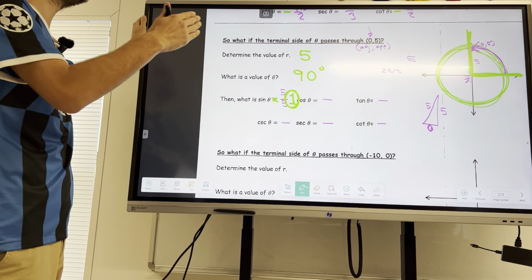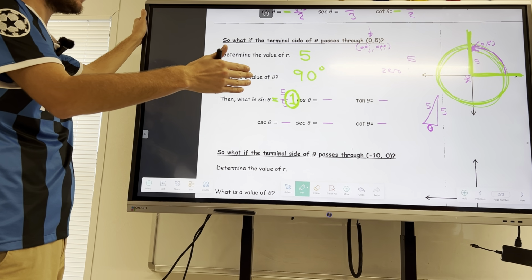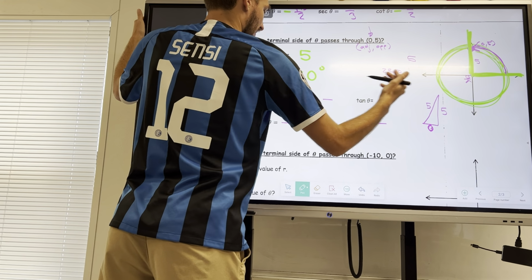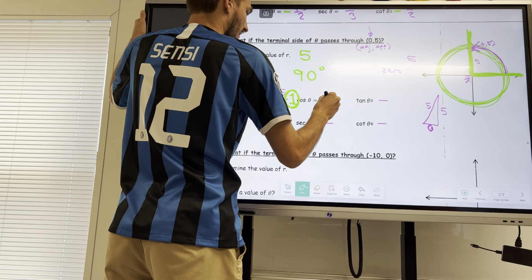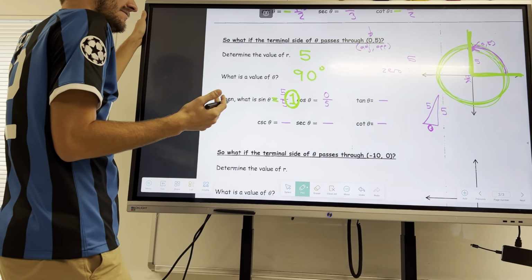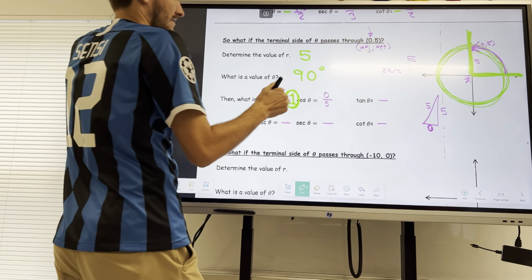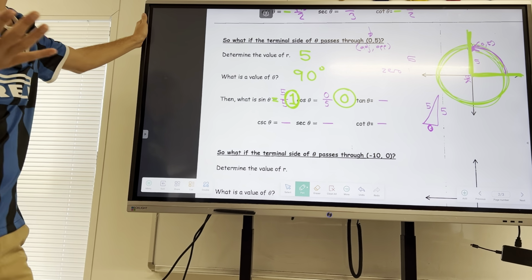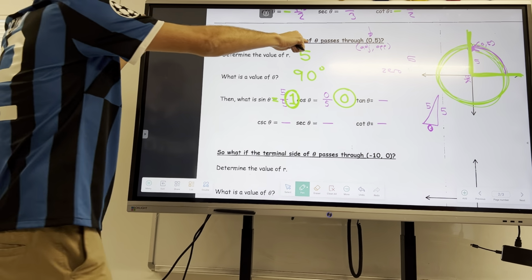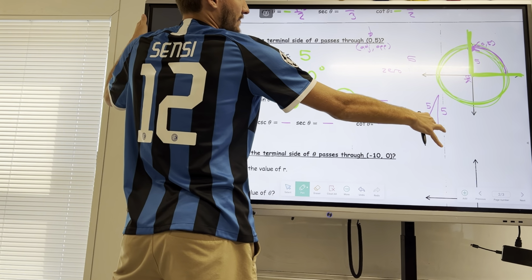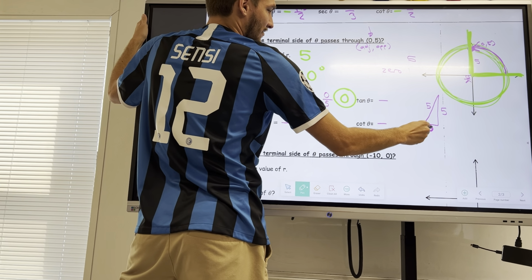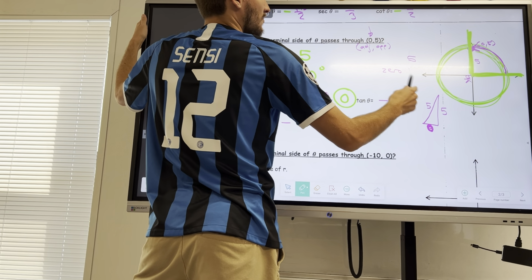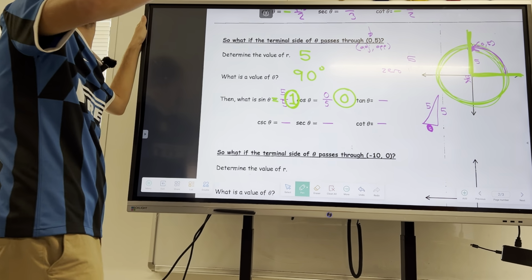Okay, what about the cosine of theta? Adjacent over hypotenuse, 0 over 5. And what is 0 divided by 5? 0. It's weird, but again, if we draw a triangle here, 0 is our x number, because we need to go 0 in the x direction, and 5 is the opposite.